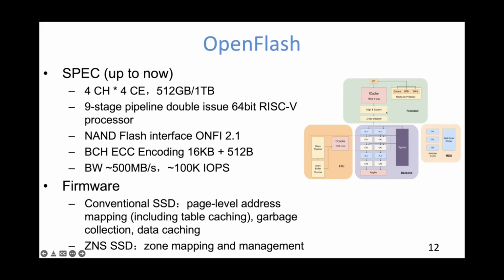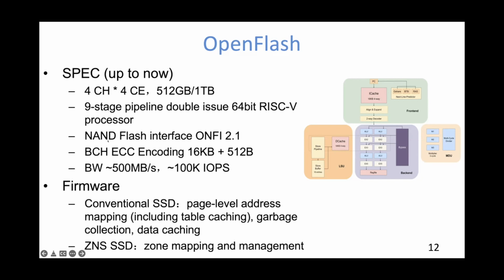The right figure shows the architecture of our developed processor. It includes the front end, which consists of the iCache, dCache, decoder, and branch predictor. The back end of the processor includes the pipeline, the load store unit, and the multiply division unit.